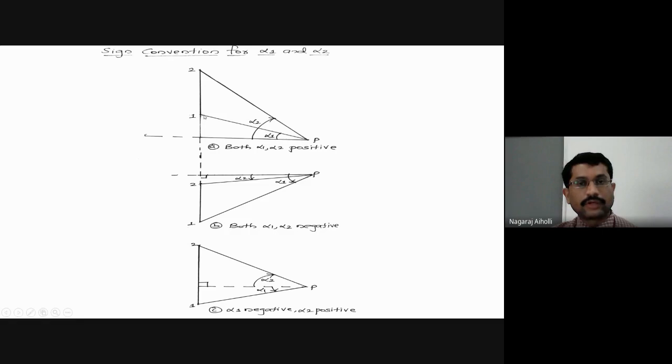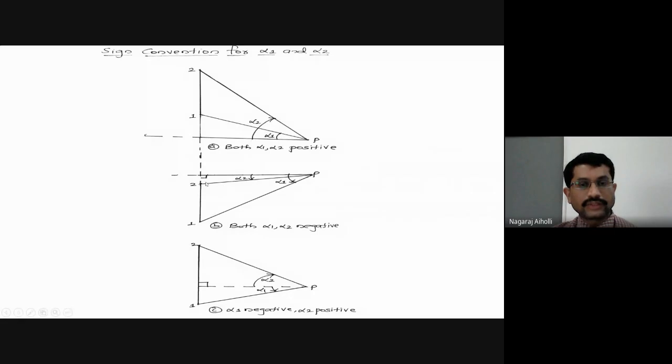Both alpha 1 and alpha 2 are positive here in the first figure.